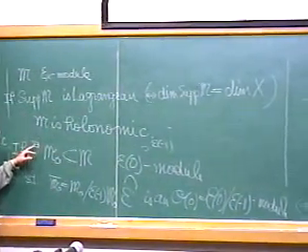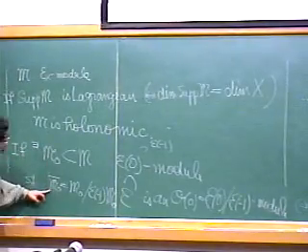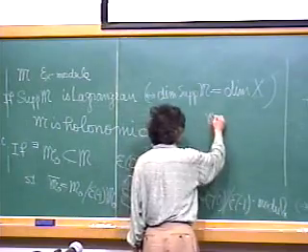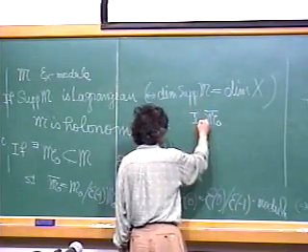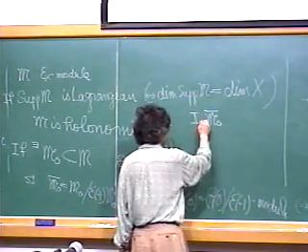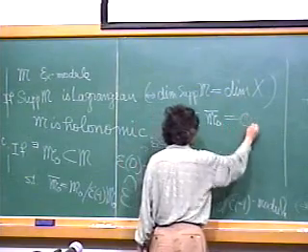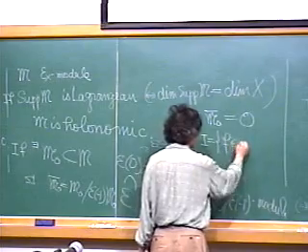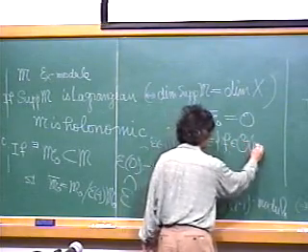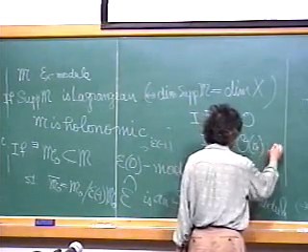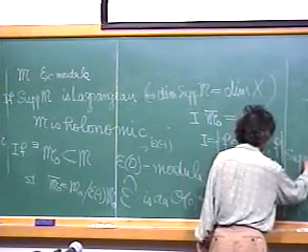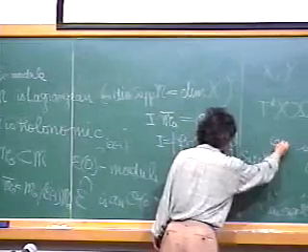So the condition is if there is such an M0 and M0 bar is annihilated by I, where I is all the functions homogeneous of degree 0, such that F is 0 on the support plane.